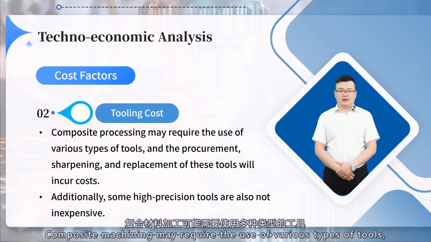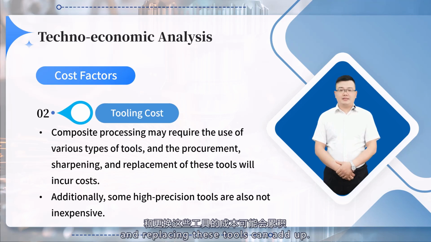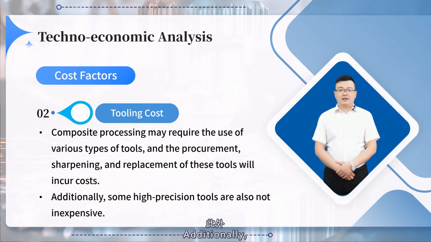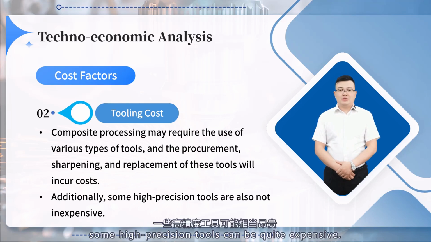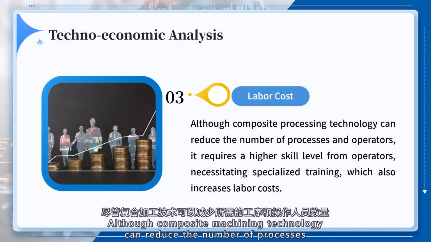2. Tooling cost. Composite machining may require the use of various types of tools, and the costs associated with purchasing, sharpening, and replacing these tools can add up. Additionally, some high-precision tools can be quite expensive. 3. Labor cost.